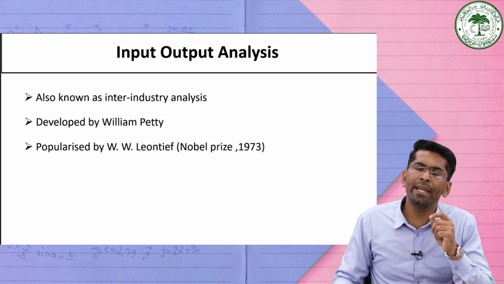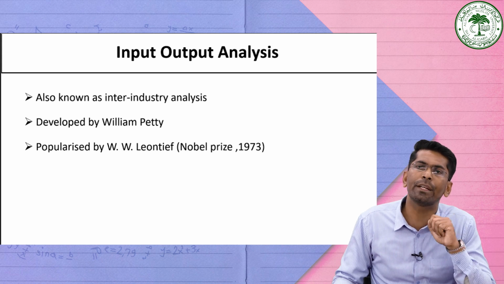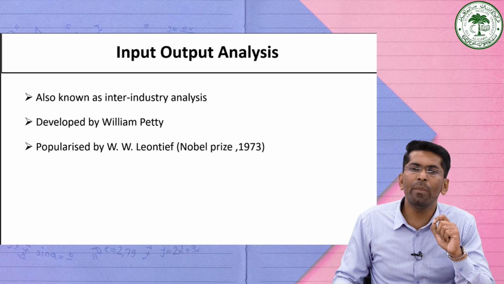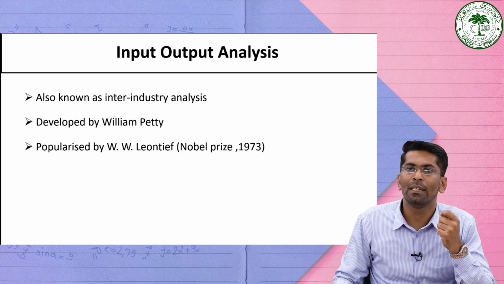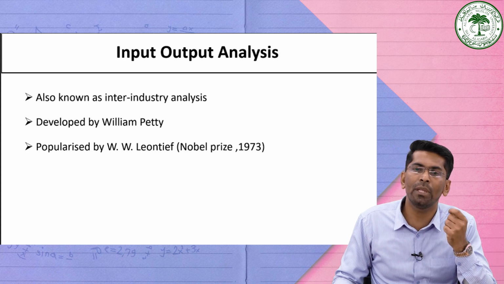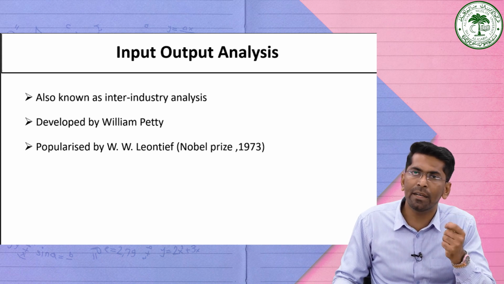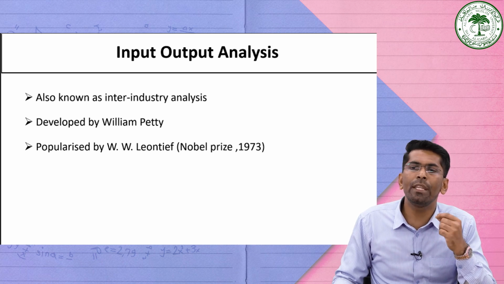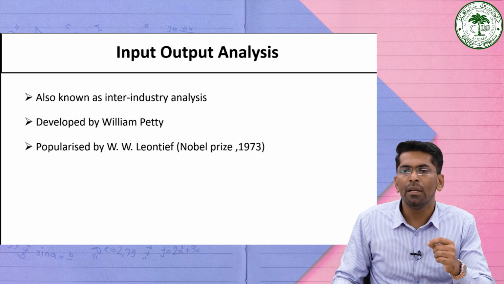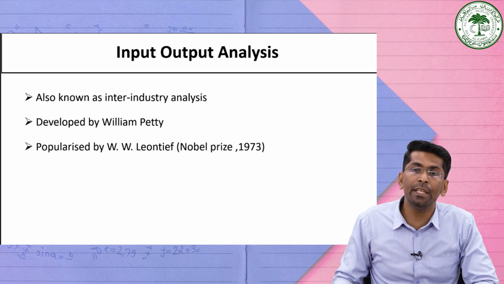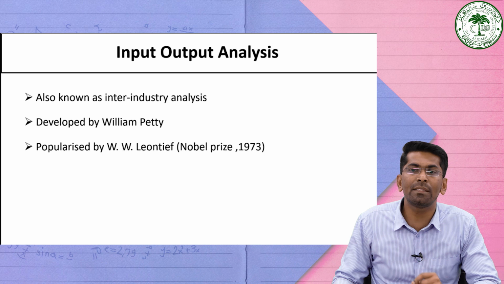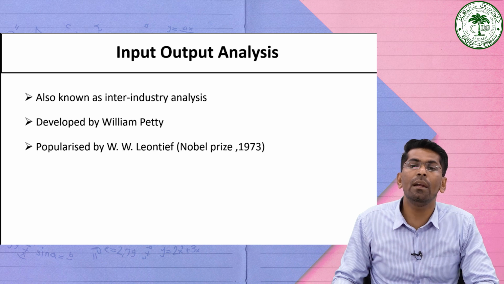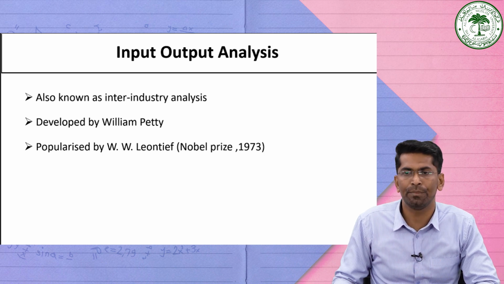The basic idea behind input-output analysis is quite simple to understand. The economic system is like a fisherman's net, that is, each sector of the economy is interconnected with the others. So in order to avoid bottlenecks in the economy, the total output of each producing sector must satisfy the total demand for its product.